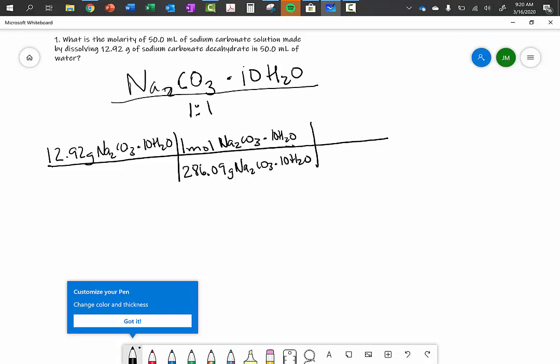Now, what's going to happen when we dissolve this compound in water? Well, these waters here are going to end up dissolving and becoming part of the solution, leaving us just with the sodium carbonate. So I know that for every 1 mole, I'm going to end up with 1 mole of just my salt compound.